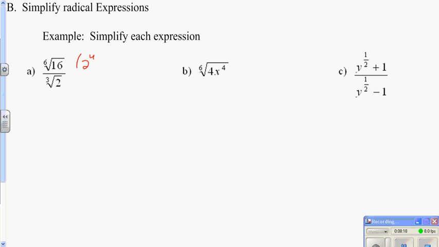So I'm going to take 2 to the 4th to the 1/6 power over 2 to the 1/3 power. Here, we will take 4 times 1/6, and that will be 4 over 6, and that reduces to 2/3.